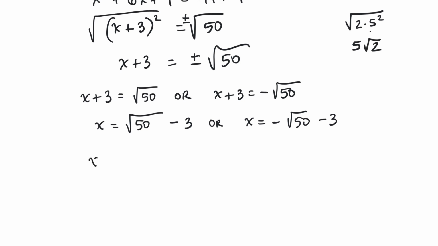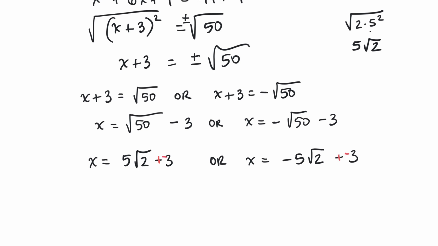So we'll get x equals the square root of 50 minus 3, which is 5 root 2 minus 3. Or x equals negative 5 times the square root of 2 minus 3. We can change this to an addition statement, so it's plus negative 3 plus negative 3.